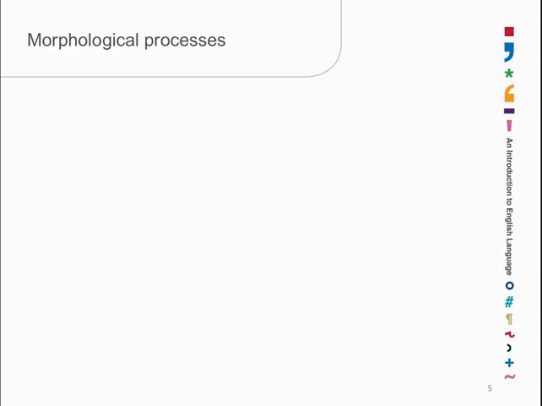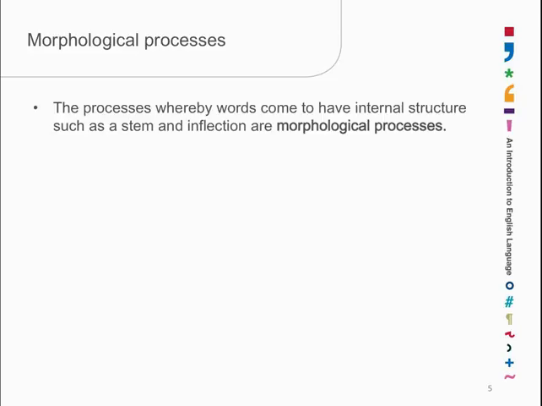Well, words have different shapes as well. We've just seen that. The word try takes different shapes, has different forms. So these are called morphological forms, and the processes are the processes by which those different forms are established. So a morphological process can add an inflection to a stem.